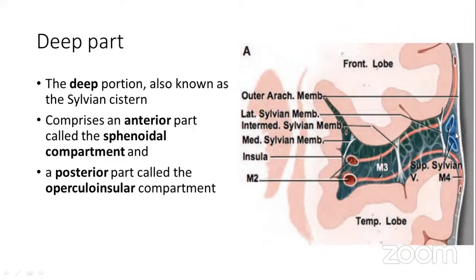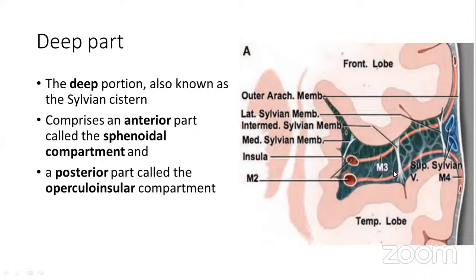insula from the lateral edge up to the medial border of the insula has multiple structures. First, we have to dissect out the outer arachnoid membrane. Then we have the superior Sylvian vein, as well as, when we first enter at the outer edge, the outer arachnoid membrane. Then we have a second arachnoid membrane that is labeled as the lateral Sylvian membrane.